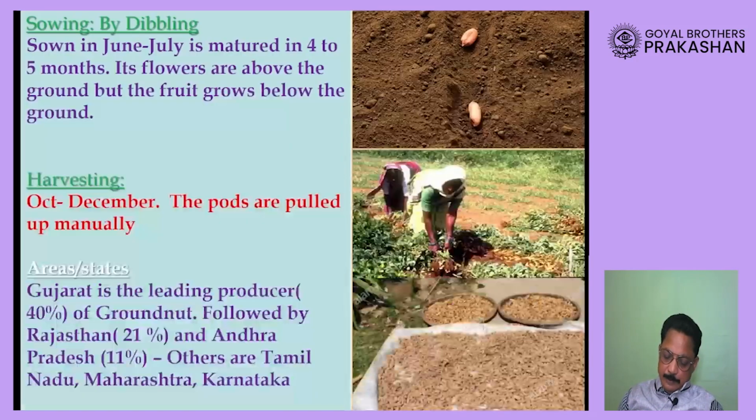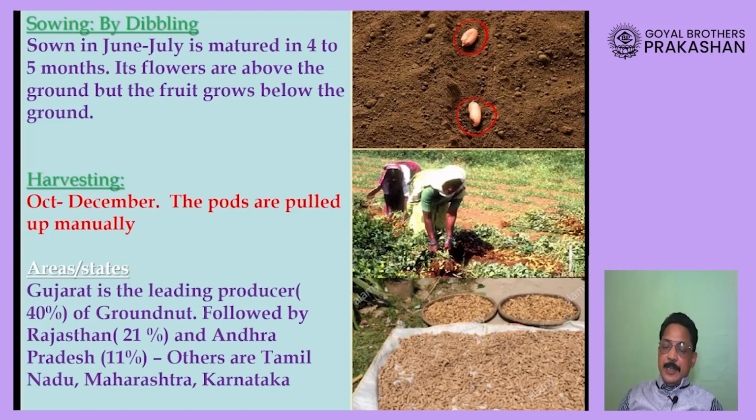Okay, now this crop, dear student, is sown by the process called dibbling. Look here, dibbling, which we have studied, is a process in which the seeds are planted at regular intervals, because it's basically a kharif crop. The sowing will be done in June or July, and harvesting will be done after 4 to 5 months, somewhere in September and October.